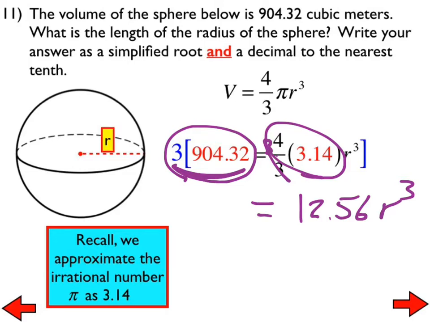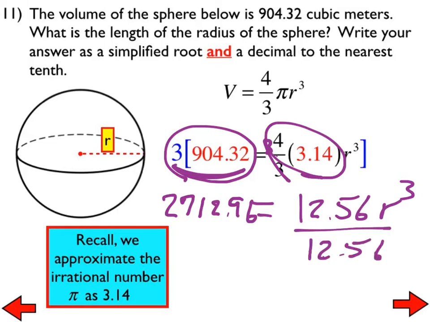What is that? 2,712.96? Yes, sir. Okay. And then from there, of course, divide both sides by 12.56.